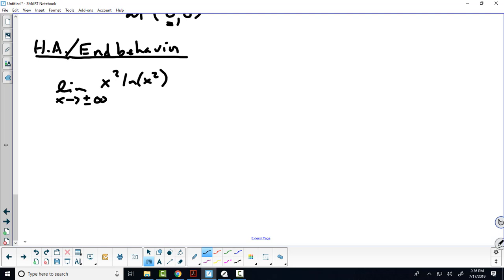Normally I have to treat those two separately, but again, because both factors are being squared in terms of the x, the direction of approach doesn't matter. So approaching infinity or minus infinity is the same thing.